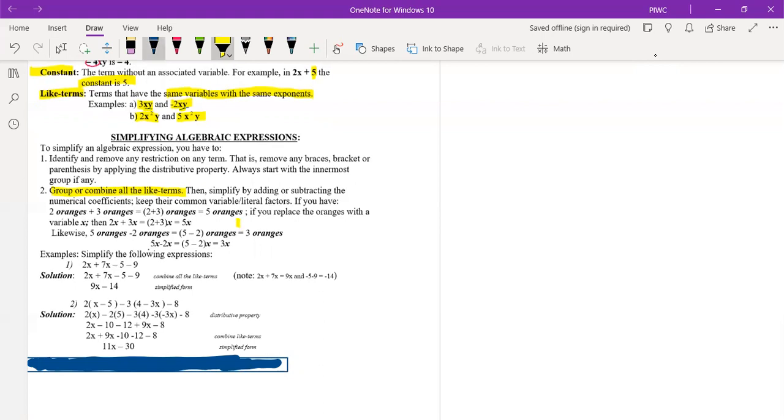So let's do one quickly, combine like terms here and simplify. Let's say I have 7x plus 3x, what would that be? This will be 7 plus 3, and then that will be 10x, because you add the numerical coefficients.